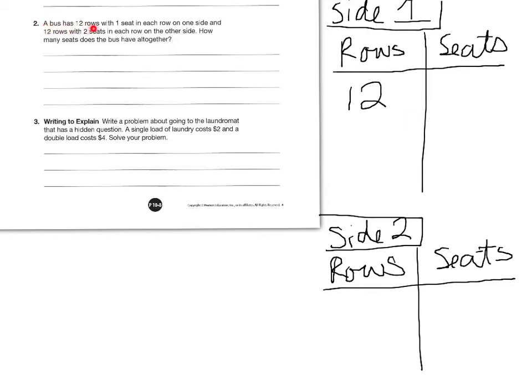Let's go back. A bus has 12 rows with 1 seat in each row on one side. So I'm going to call that side 1, 12 rows and 1 seat in each row. Then we're going to look at the second side and 12 rows with 2 seats in each row on the other side. So again, I have 12 rows with 2 seats.